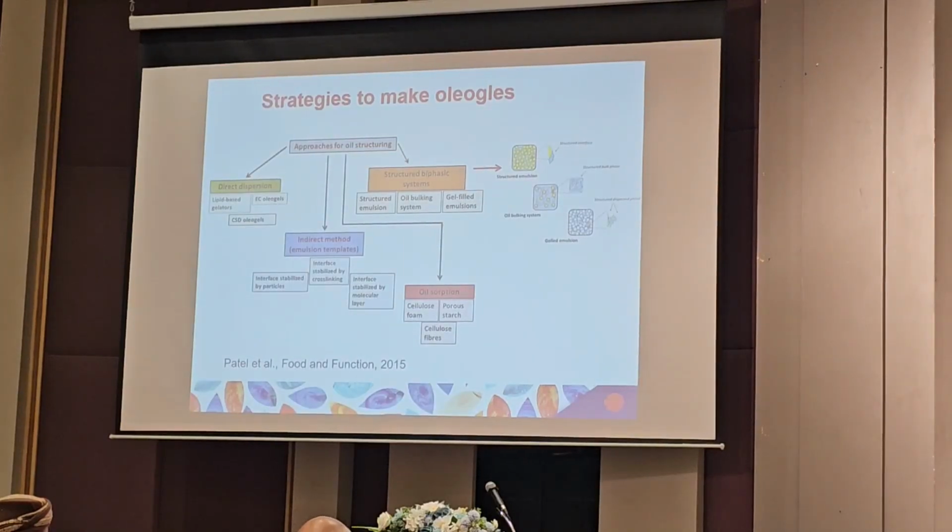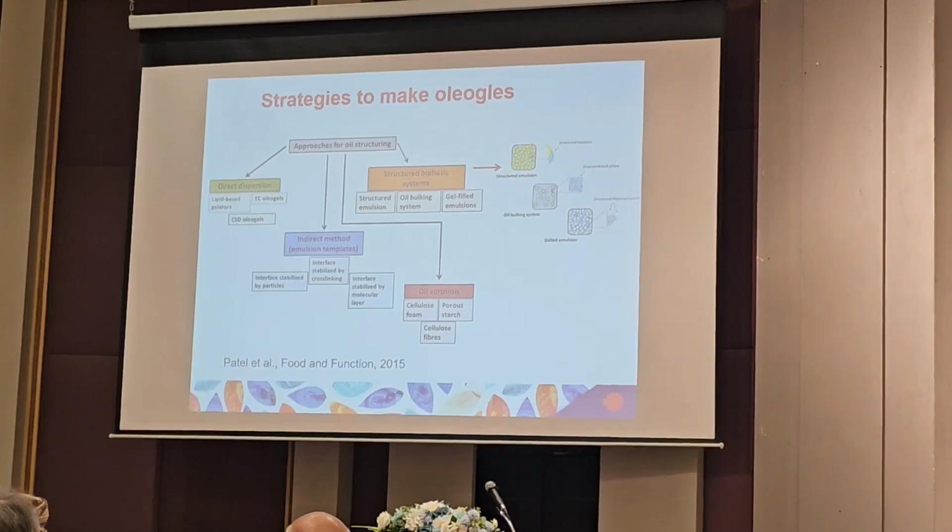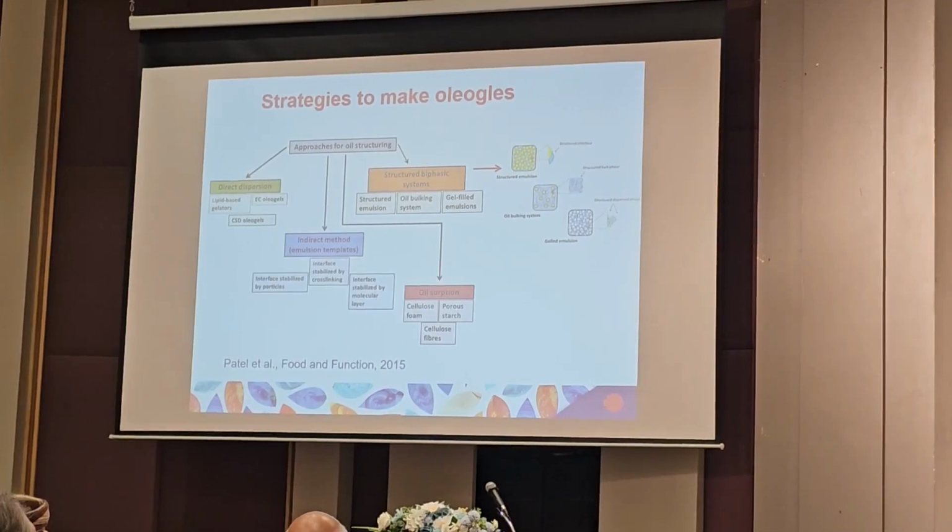Oleogels are made through different strategies. Sometimes we modify emulsions, we play with their viscosity, gels, and that's the right part of this slide. We structure emulsions, oil in water, water in oil, as one strategy. In many cases that generates oleogels that are often high or medium in water, so they have their own applications.